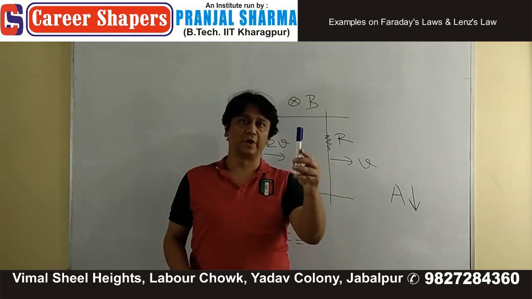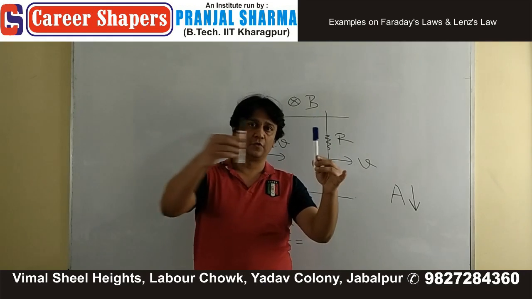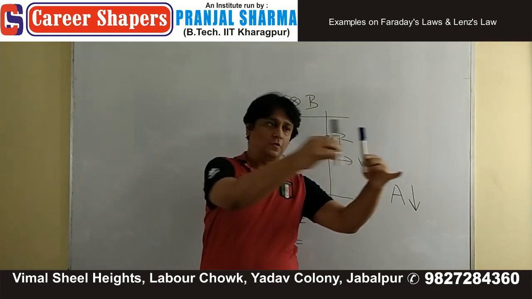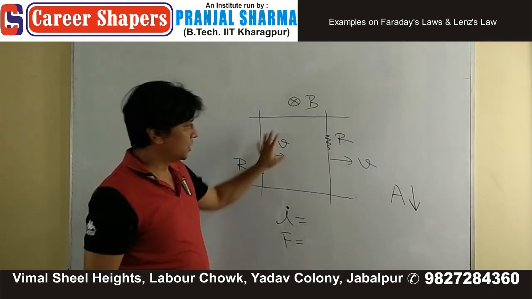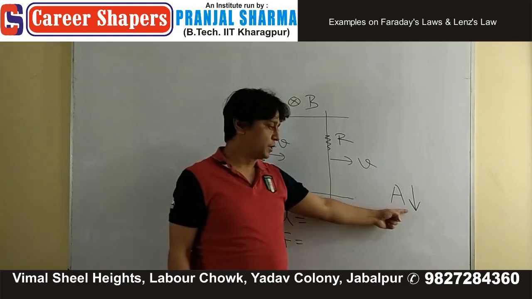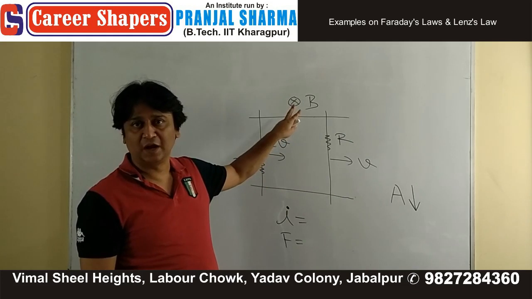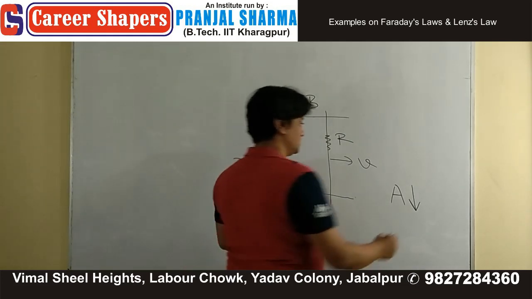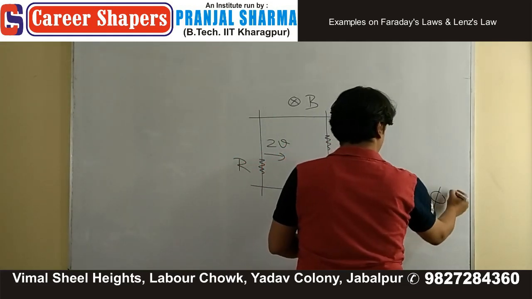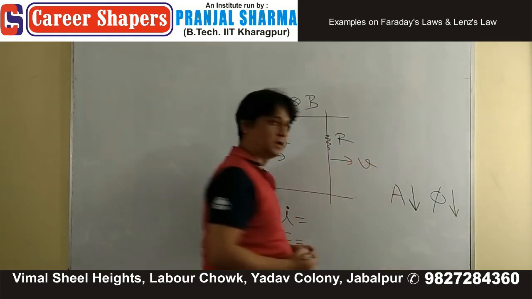This is a slow moving rod, and therefore the area of the closed loop is going to decrease. As area decreases, the number of magnetic field lines will also decrease. So you know that phi is also decreasing.